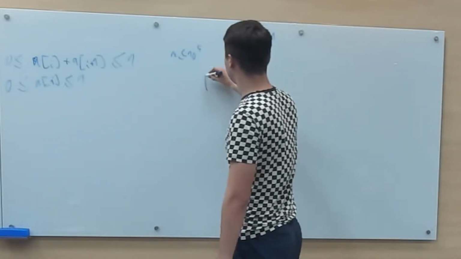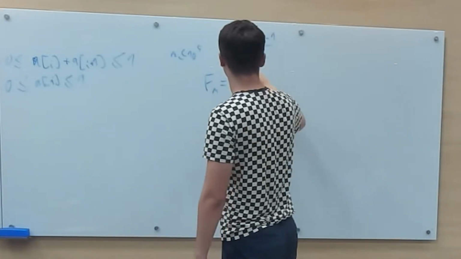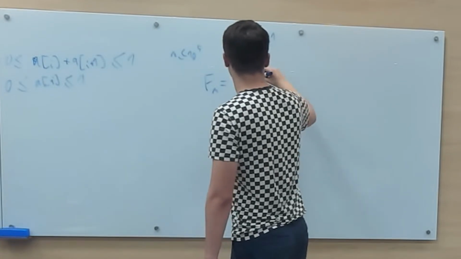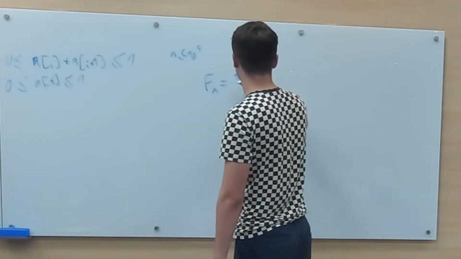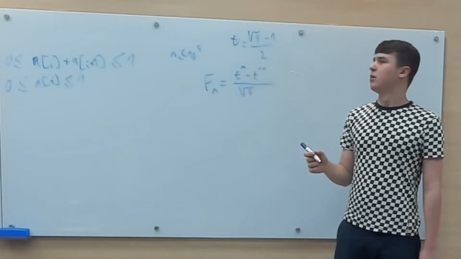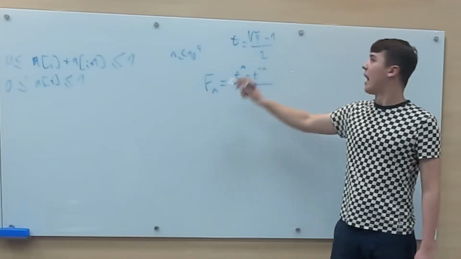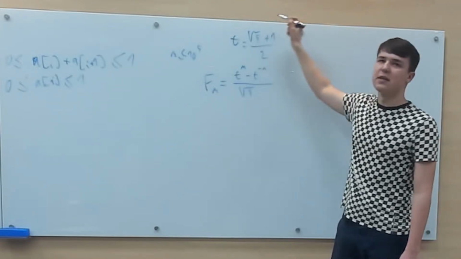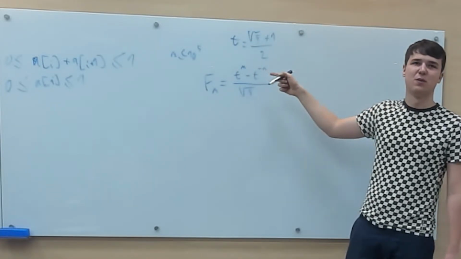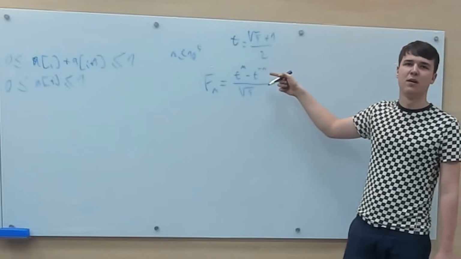So it holds that the nth Fibonacci number is t to the power of n minus t to the power of minus n, divided by square root of 5. Is it +1? Here? Isn't it that the 1 is +1 and the inverse is -1, so... Yes, you change the square root.